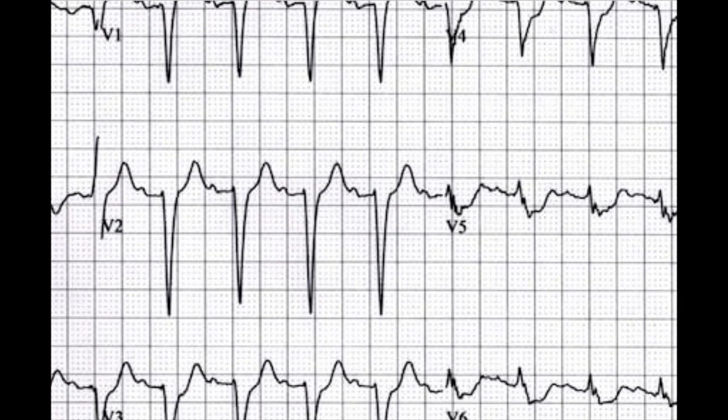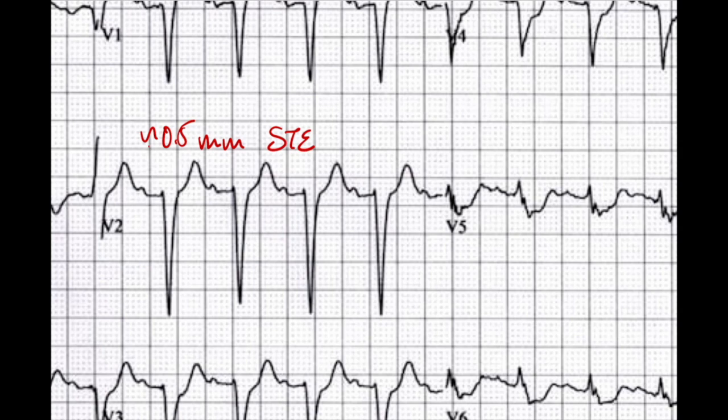Moving to V2, we have the upright P, tiny R, dominant S, and then the question becomes, do we have any ST elevation? Which again is a little difficult, but maybe 0.5 millimeters of ST elevation. And we have upright T waves, which is what we would expect.